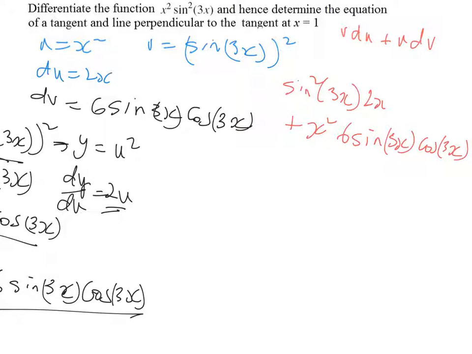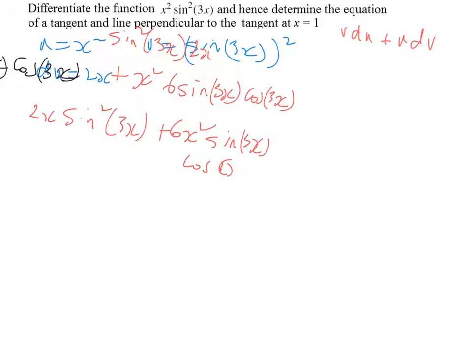We generally write out x's coefficients of trig functions. So we've got 2x sine squared of 3x plus 6x squared sine 3x cos 3x. That's our derivative.